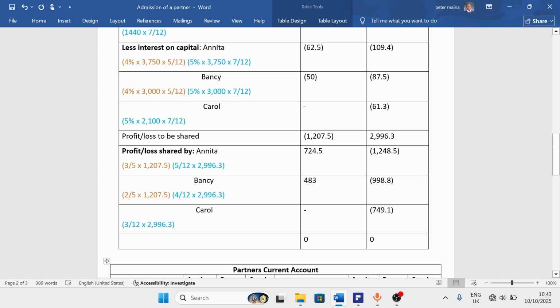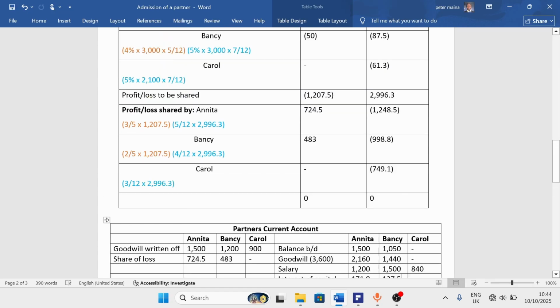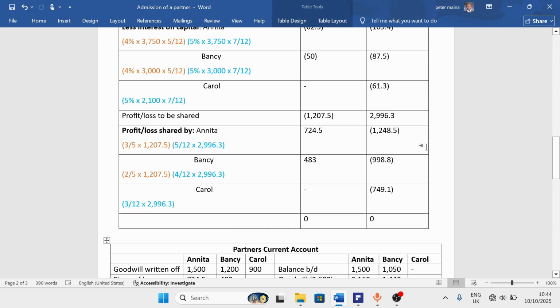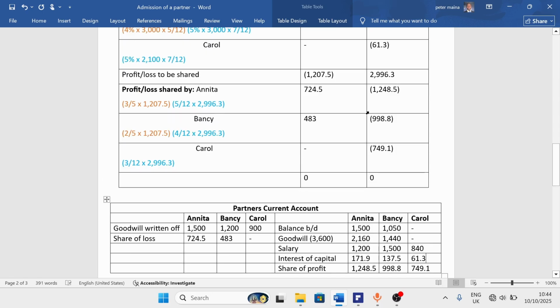Bansi, the first share was 50, the second share was 87.5. So when we add those two, we have 137.5. And then for Carol, her interest on capital is only for the second period, and that was 61.3.